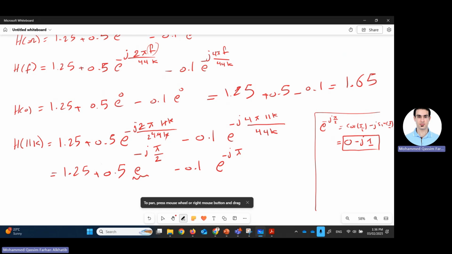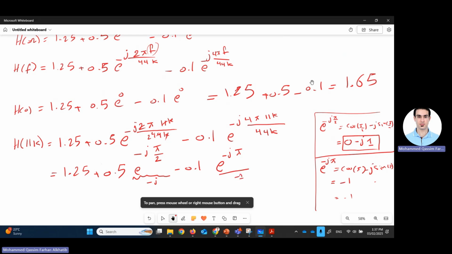I'll substitute it later as negative j. The other one, e to the power negative j pi equals cosine pi minus j sine pi. Cosine of pi is negative 1, sine of pi is 0, so this whole thing is negative 1.